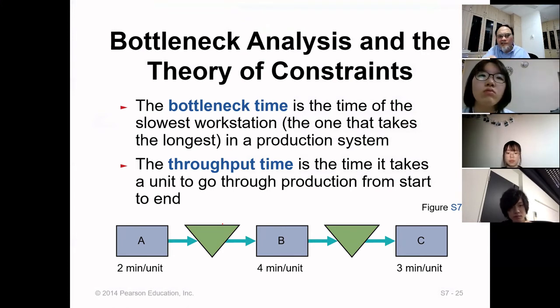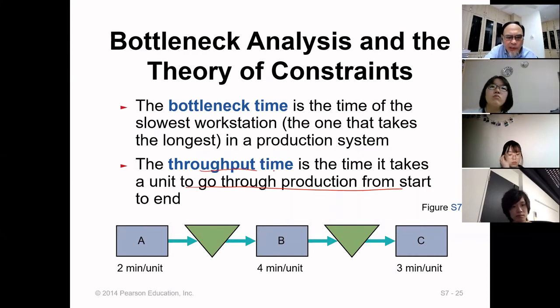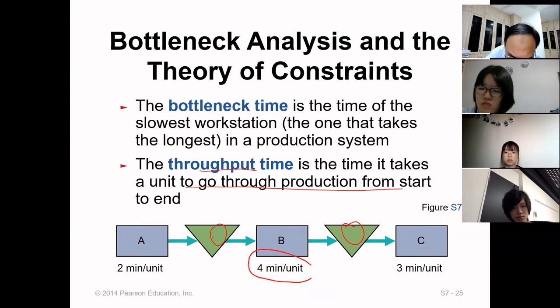The throughput time is the time it takes for a unit to go through production from start to finish. So the throughput time is 2 plus 4 plus 3. There is storage between the steps. The bottleneck is this one.